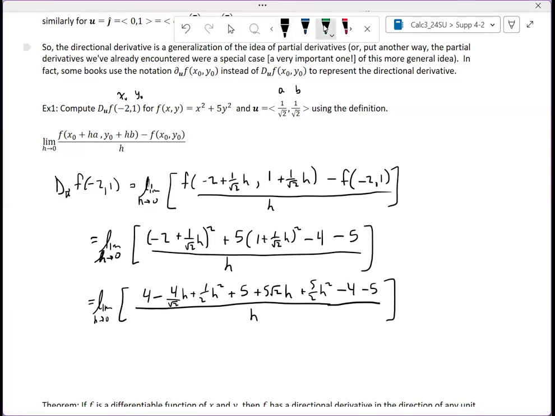Now I see I get some stuff that cancels. The 4 and the -4 go away. The 5 and the -5 go away. And I can divide out an h now.